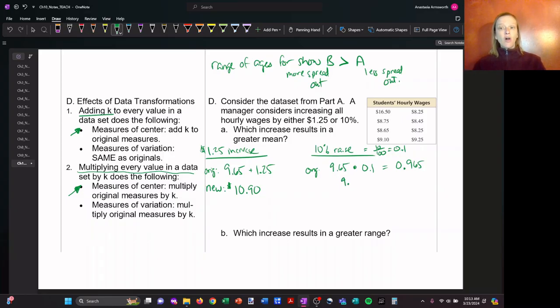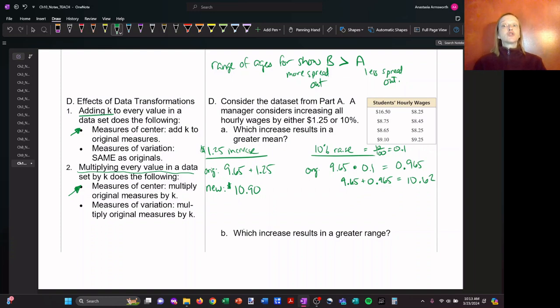So I still need all of that original $9.65, but I have to add on the 96.5 cents. And then all together, that gives me $10.62, rounded off. Okay.